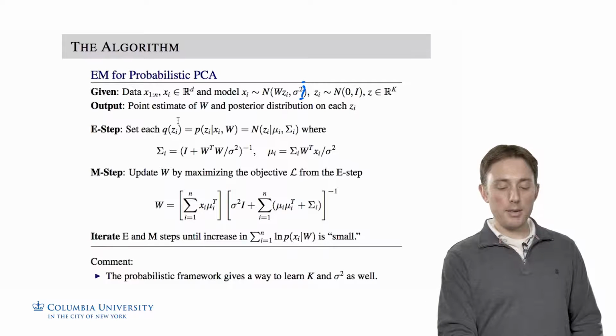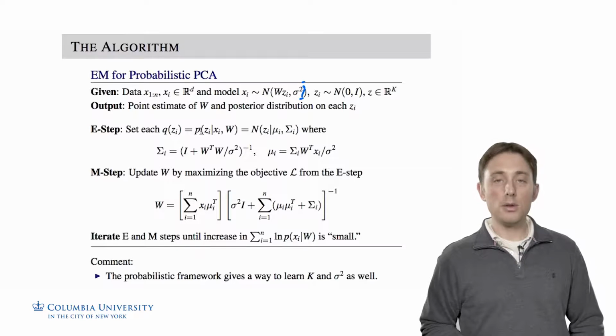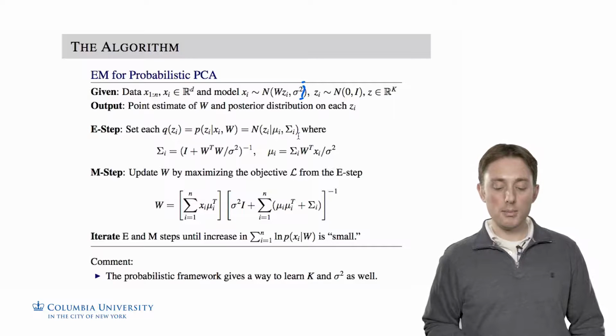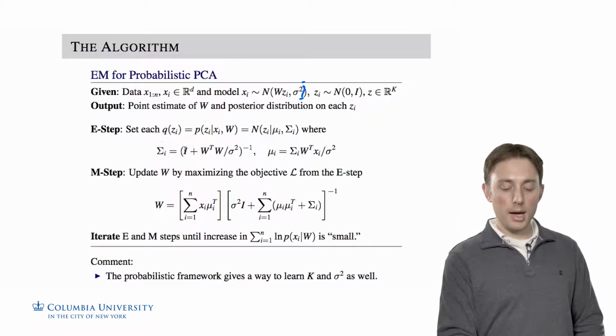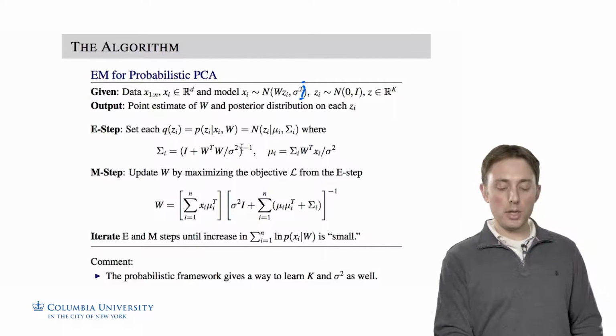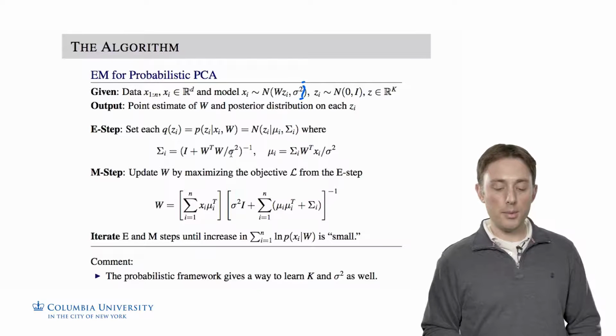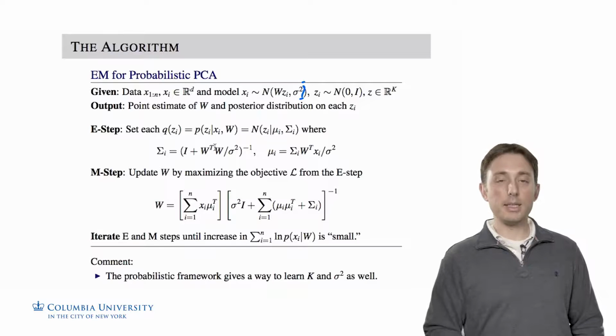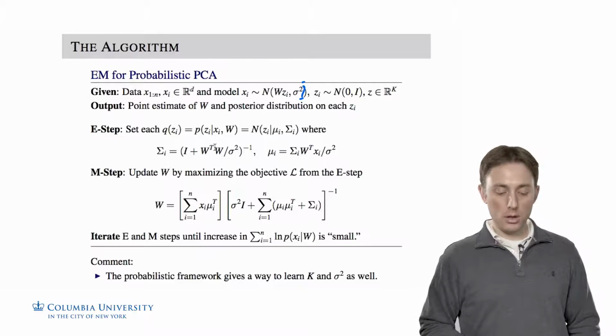So for the E step, we have to set Q of Zi to be equal to its conditional posterior distribution. This is a straightforward calculation. We can show it's a multivariate Gaussian with mean mu_i and covariance Sigma_i, where Sigma_i is equal to the inverse of the identity plus W transpose W divided by the noise parameter. So every single Zi has exactly the same covariance in the conditional posterior.